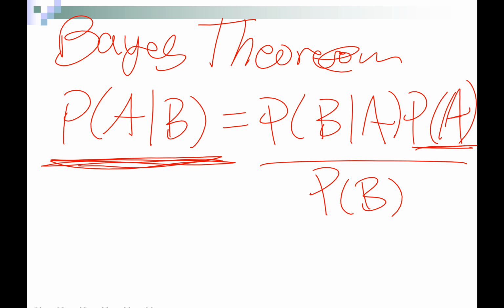If it's a really rare disease, then the prior probability of the disease might be like 10% or 1% or 1 in a million, something like that. You get a positive test result, how does that affect the probability?